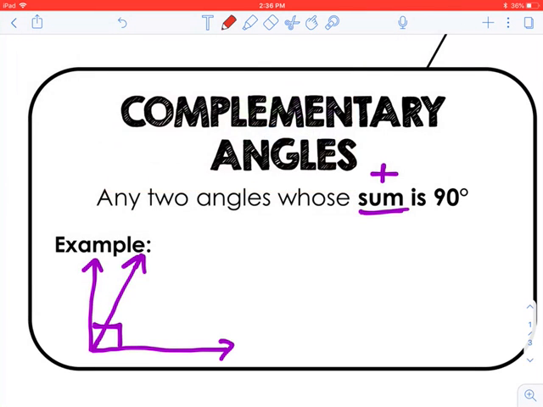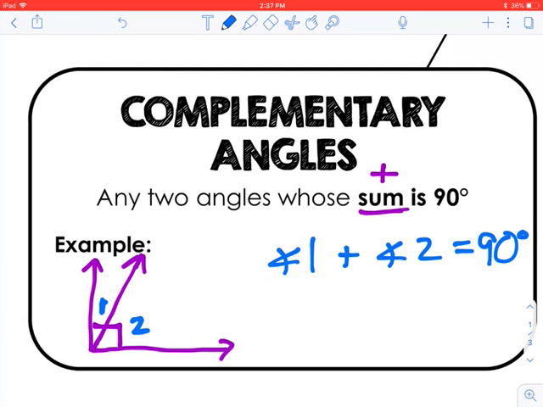So this is angle 1 here, angle 2 here. Now, the whole angle, we don't know what the whole angle is, but we do know that since this is a square here, that whole thing is 90 degrees. So angle 1 plus angle 2 equals 90. Okay.